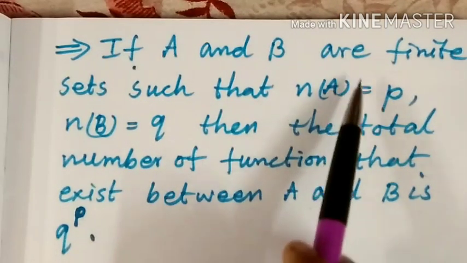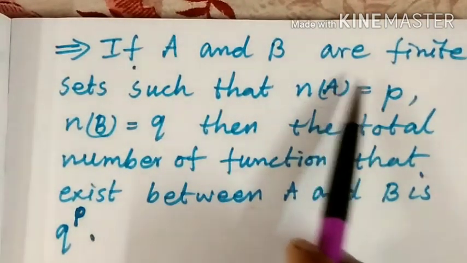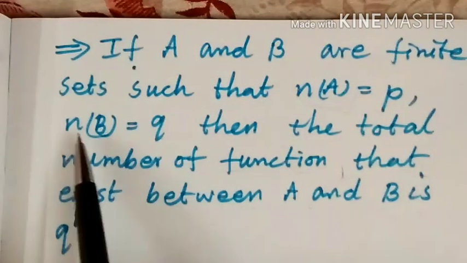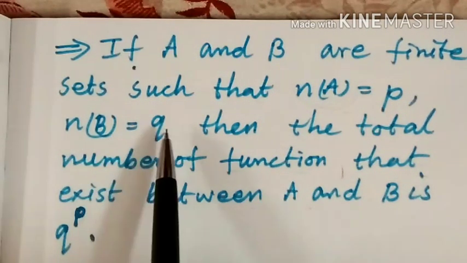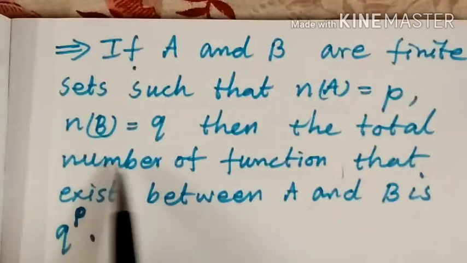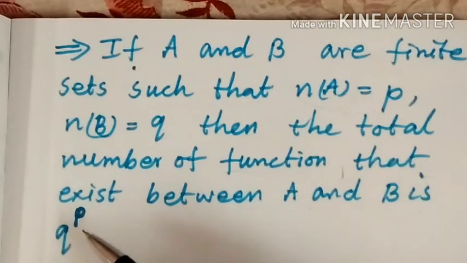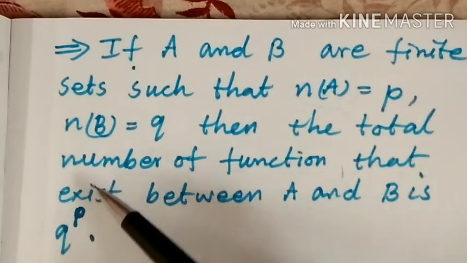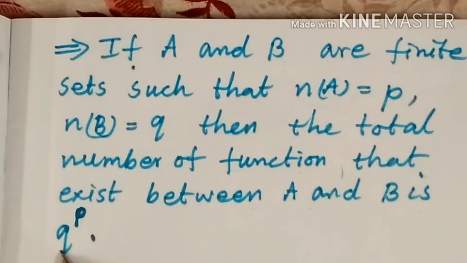The cardinal number of the first set is P, the second set B is Q, then the total number of functions is Q power P: cardinal number of second set, power of cardinal number of first set, that is Q power P.